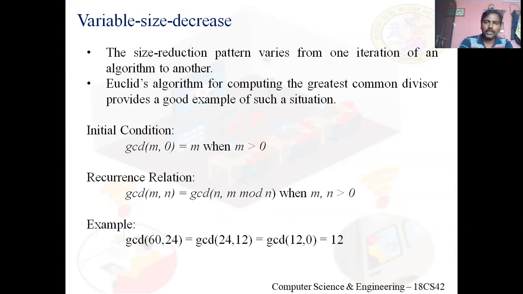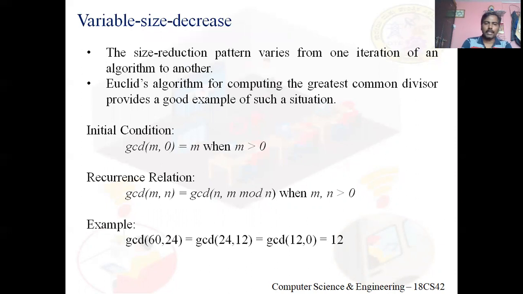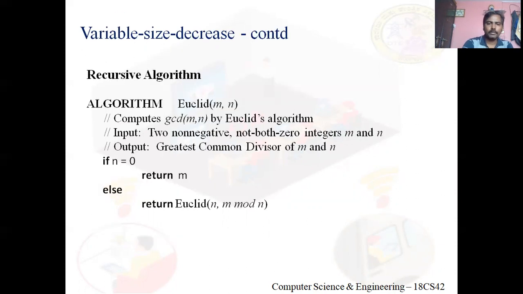So if n is 0, what is the GCD? m. So return m as GCD if n equals 0. Otherwise, invoke further with n and m mod n. I have given the algorithm the name Euclid instead of GCD: return Euclid of n comma m mod n.